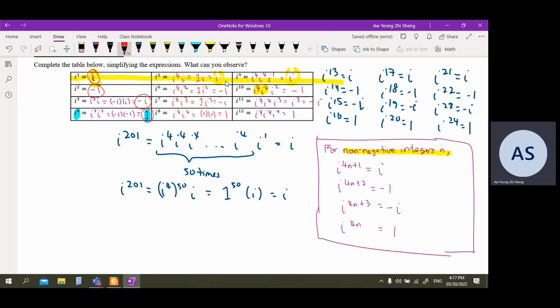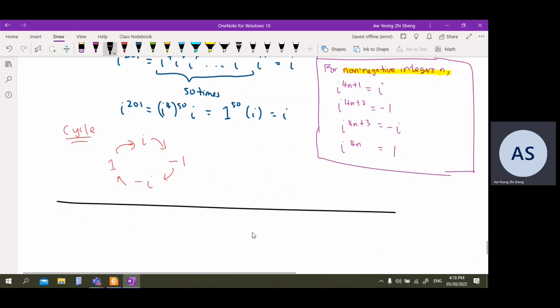So you again have i, -1, -i, 1. Looking at the third column, it's again i, -1, -i, 1. And so you actually have a cycle: i, -1, -i, 1. When you keep increasing the power of i by 1, you have this cycle result here.